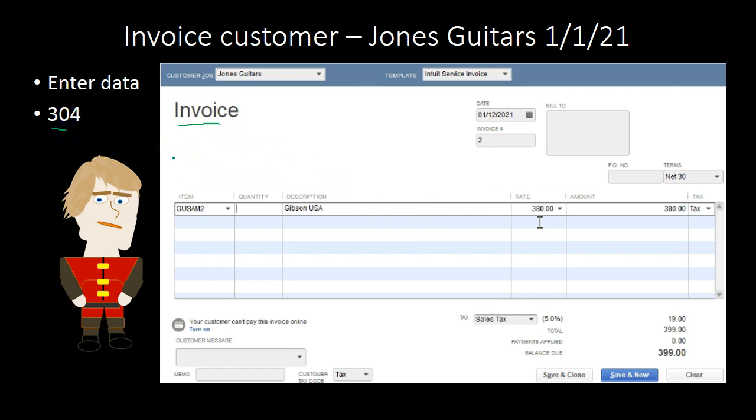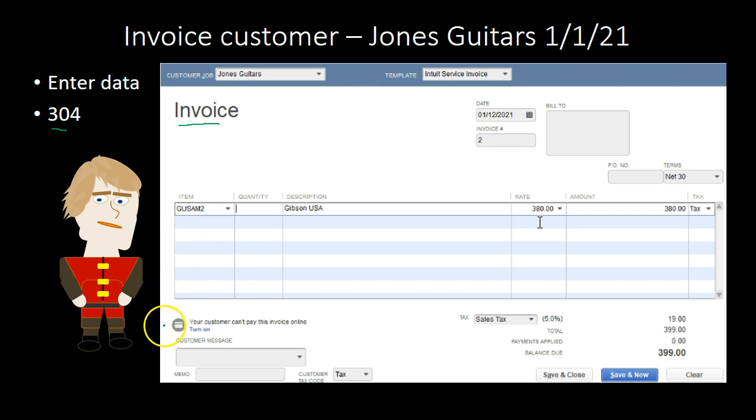But note it's not on the invoice because clearly we're not going to tell the person who purchases it most likely what the cost is to us. But when we create the invoice, when we use this item, if set up correctly, then QuickBooks knows about it and can track the inventory on a perpetual system and record the fact that inventory is going back down and the related cost of goods sold is going up.